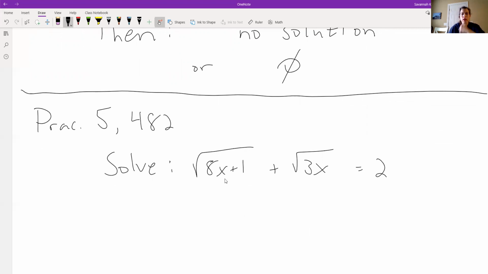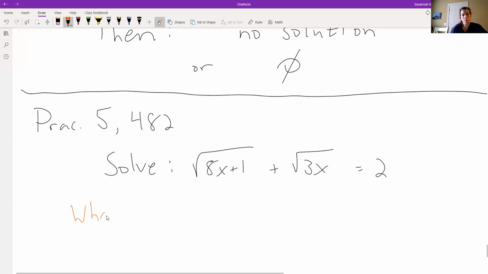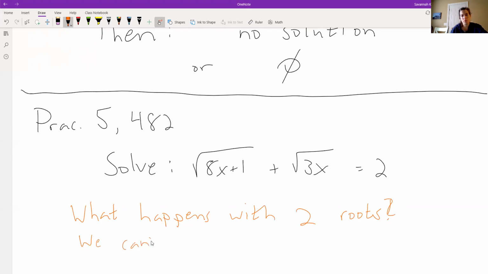Well, what happens if you have two roots? In that case, we can't have what is typically our goal, root on one side and literally everything else on the other.